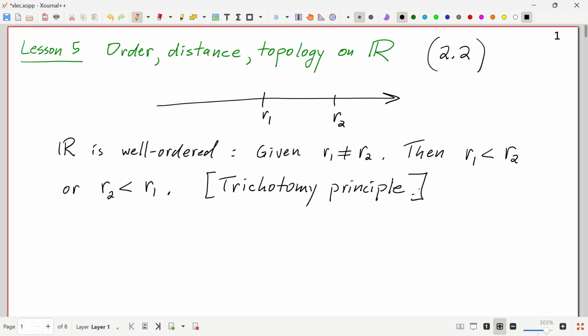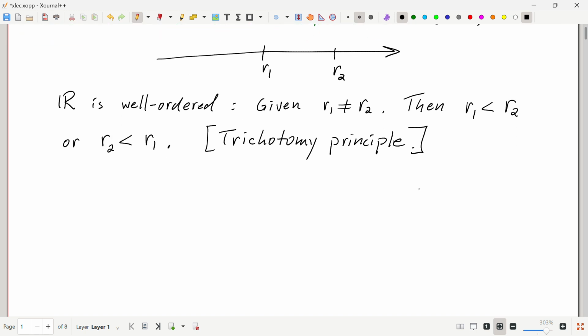Anyway, it's possible to come up with sets that have an order, but they're not well ordered. The standard example in a book would be a tree. An example of something that's not well ordered, it's partially ordered. Think of a tree.